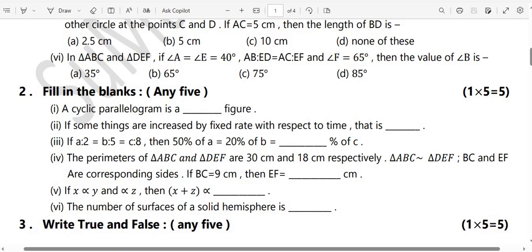Triangle ABC is proportional to triangle DEF. Therefore BC and EF are corresponding sides. If BC is equal to 9 cm, then EF is equal to dash cm.